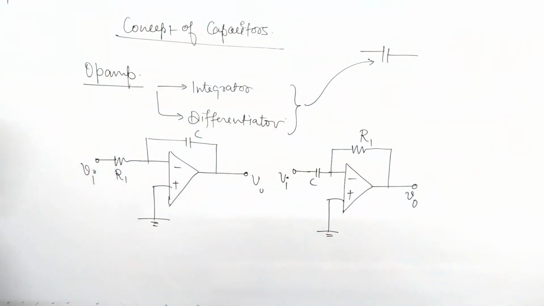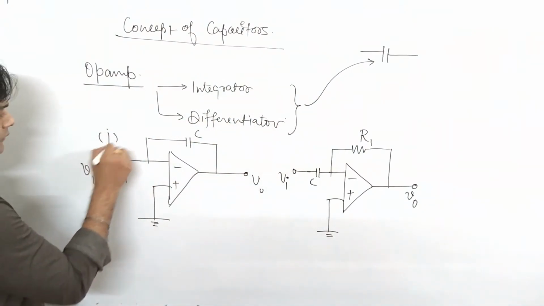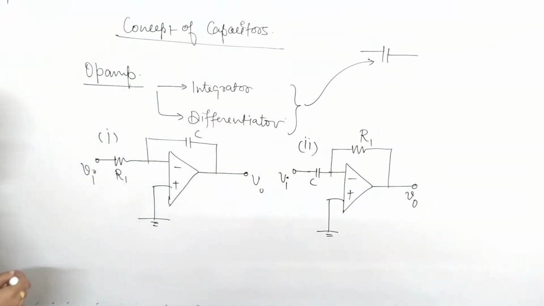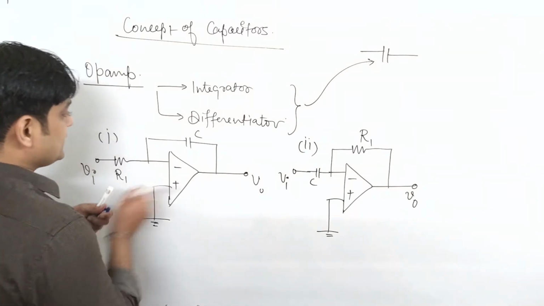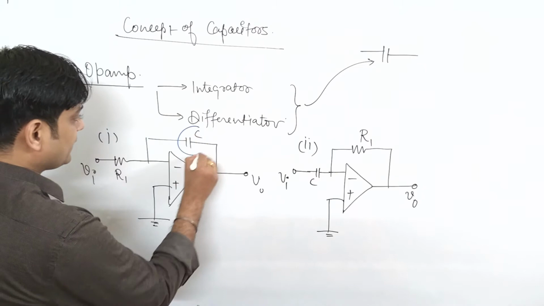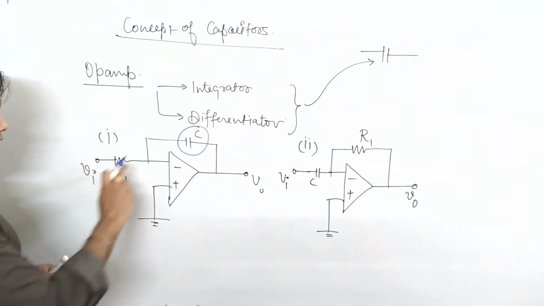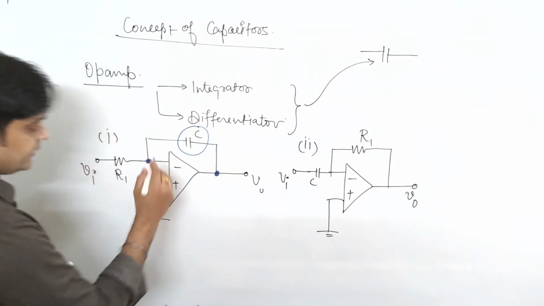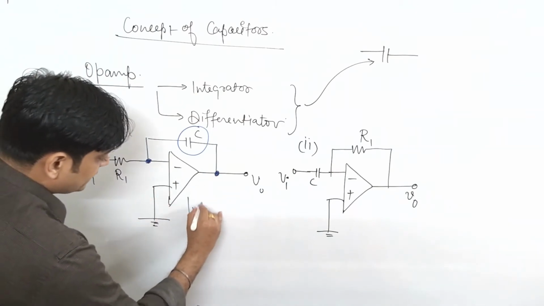So here are the two circuits. This is your 1 and this circuit is your 2. Now just try to understand the position of the capacitor. When the capacitor is connected in a feedback pattern in an op-amp, it is referred to as an integrator.